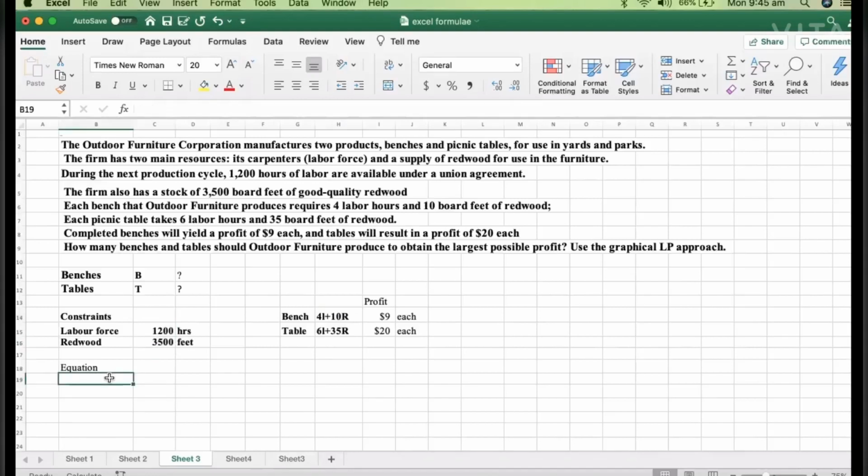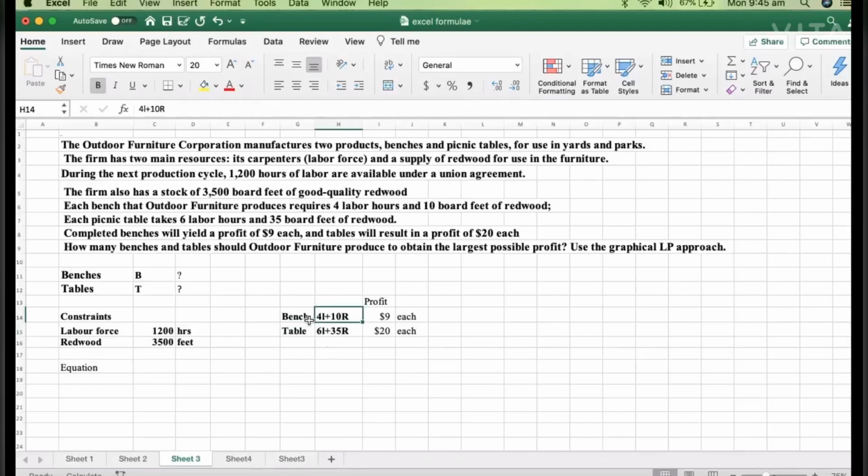Let's start. We can say if we have a labor force of 1200 hours, then how can we bifurcate it between bench and table. Accordingly, we have to formulate the equation. So for 1200 hours, it means they are available for benches and tables.